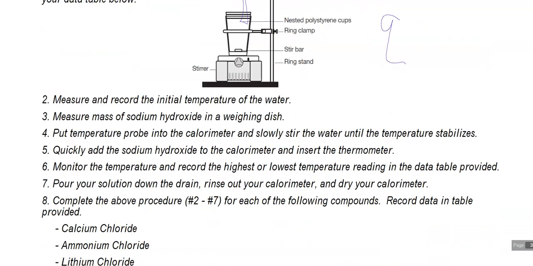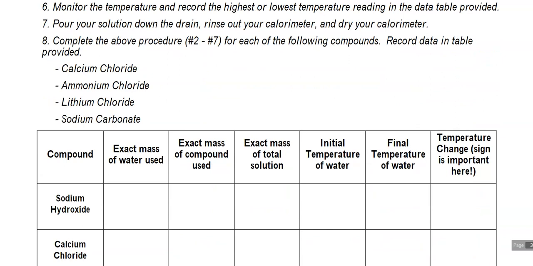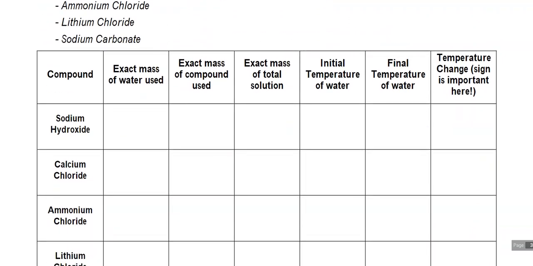All right, so here's the process that you're going to go through. Here are the directions. The one that's going to be shown to you in the lab is the sodium hydroxide. So we'll go through and you'll fill in this, you'll calculate this, and then you'll determine these. You're going to look at how much water you're using, the mass of your compound, and the total mass of solution.